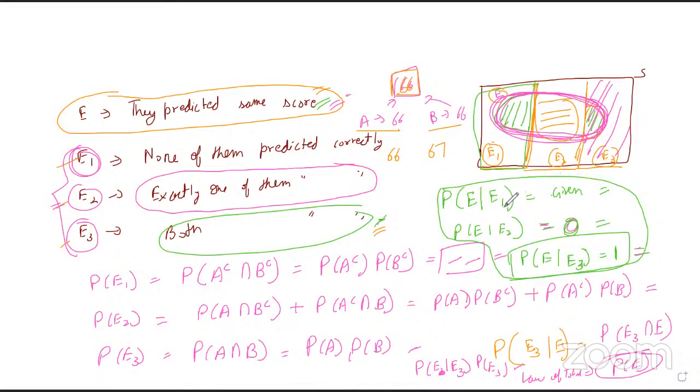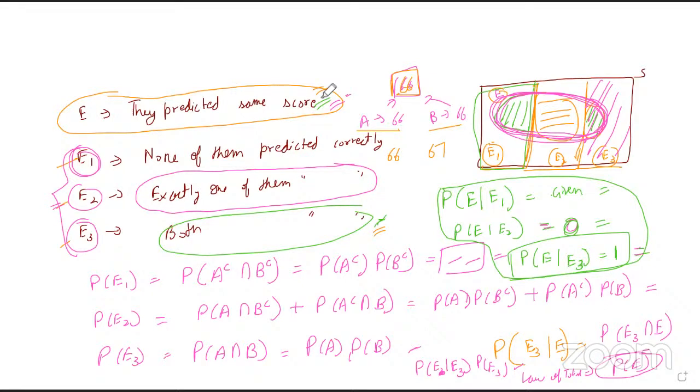Sir, I have a confusion in the question here. They have said the probability of them predicting the same wrong score. Does it not mean E by S? They have not mentioned that E given E1 has occurred. They have mentioned the probability of the same wrong score. So will it not be E by S?